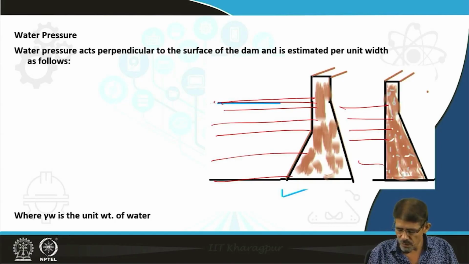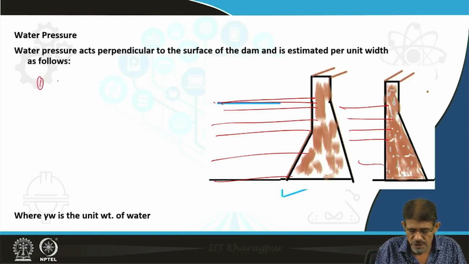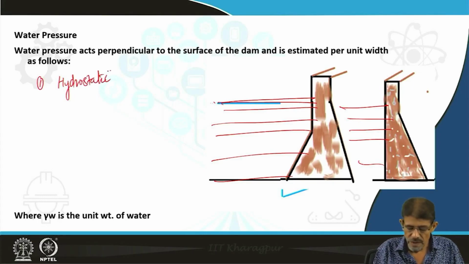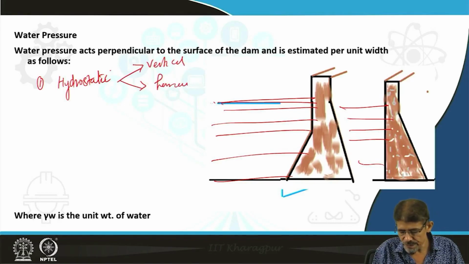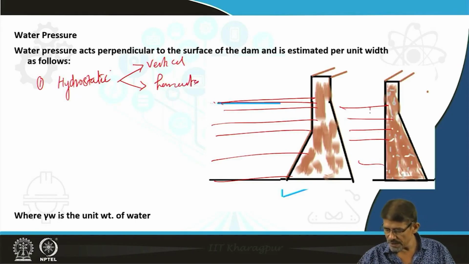This water present here is going to produce, as we have already discussed, three types of pressure: hydrostatic, vertical and horizontal. The vertical in this case is not going to affect the dam site.